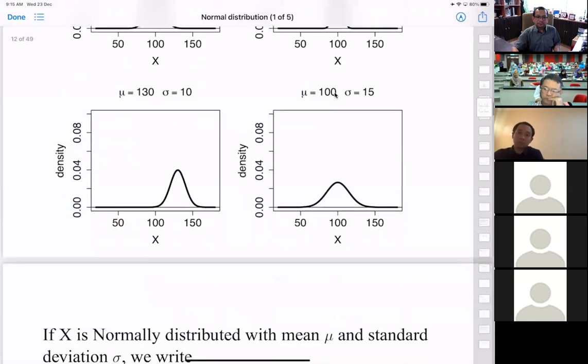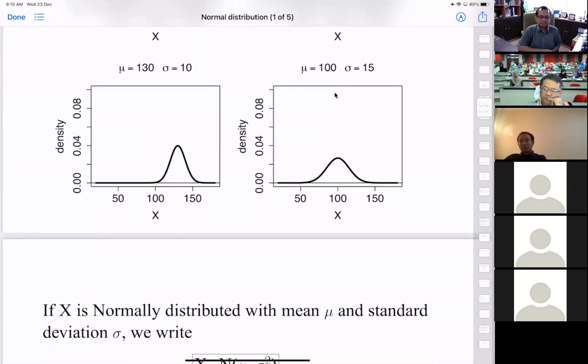Okay, we make a comparison with this one. Mean 130, standard deviation 10. On the right-hand side, the mean is changed to 100 and the standard deviation is 15. Can you see the difference?